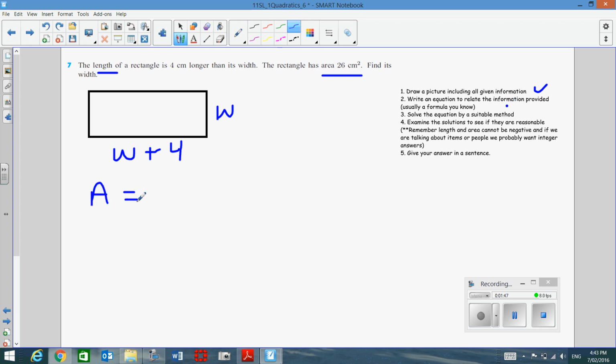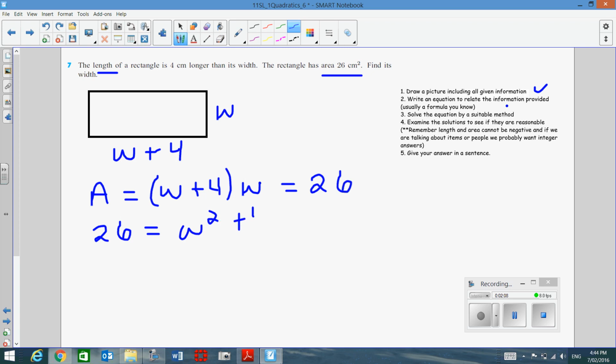So for me, area is length times width. So length would be W plus 4, and my width will be W. And I've been told that in the problem, this area is equal to 26. So what I'm actually looking at is 26 is equal to W squared plus 4W.